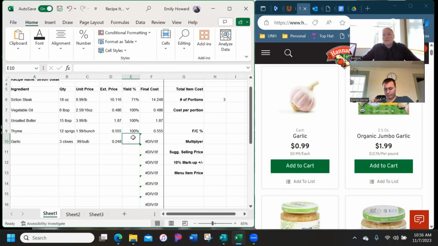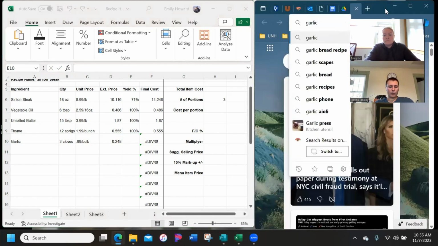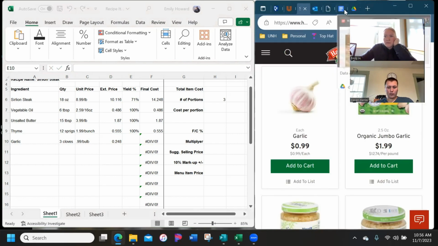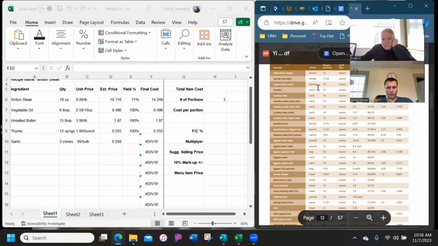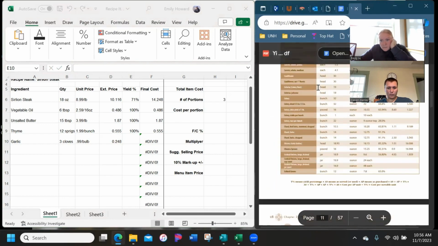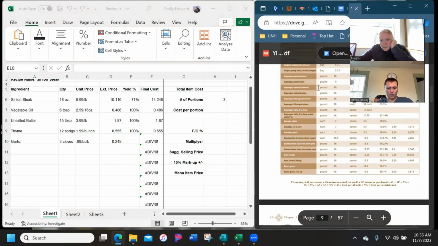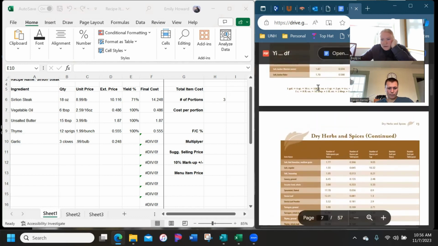And so my yield for this, because of the peel and everything, is not gonna be 100, right? I don't think so. Let me look at this sheet. I can look it up on the thing that you showed me. Garlic is an herb, right?